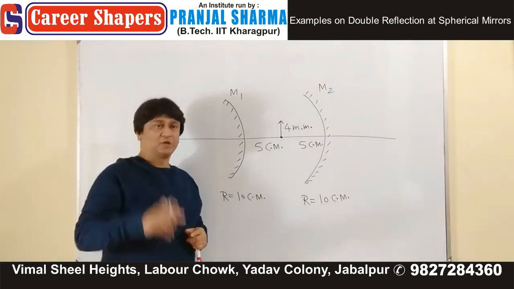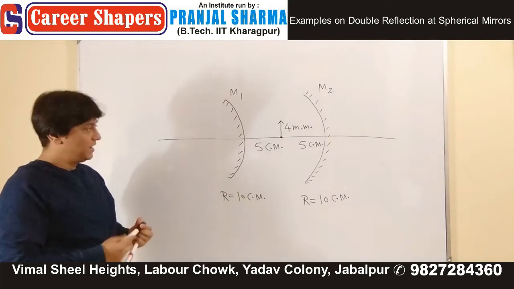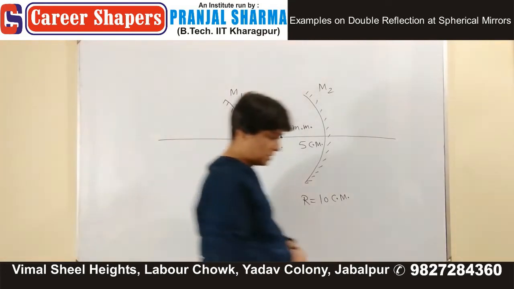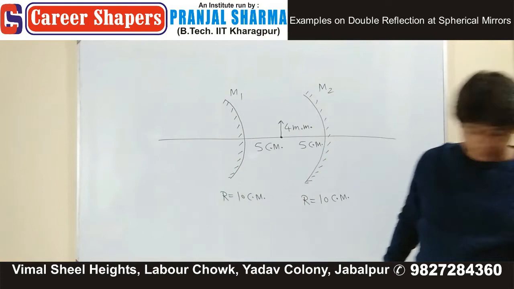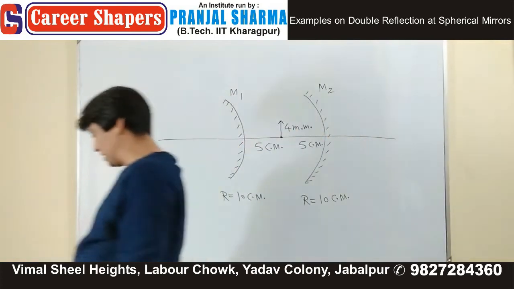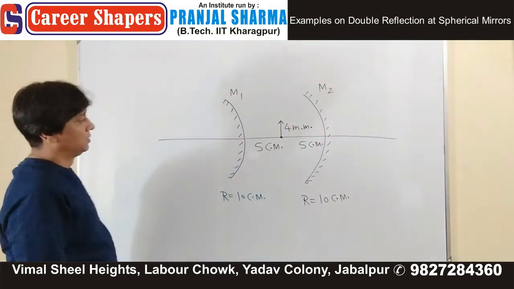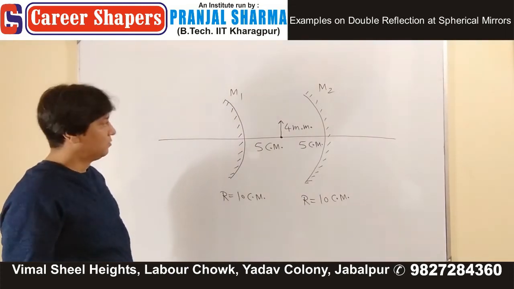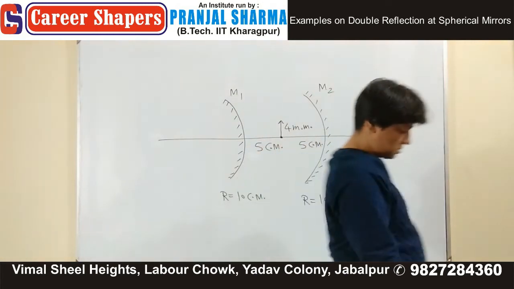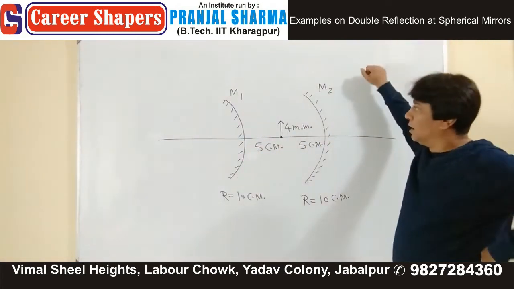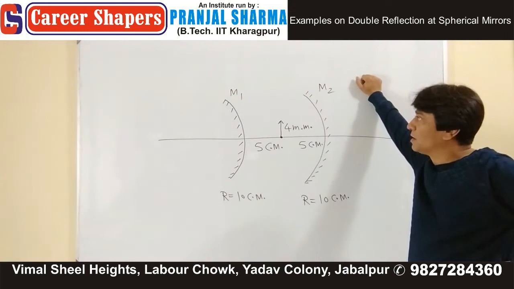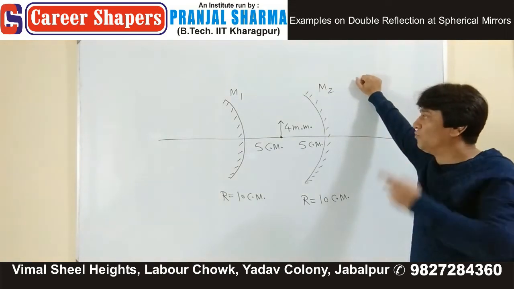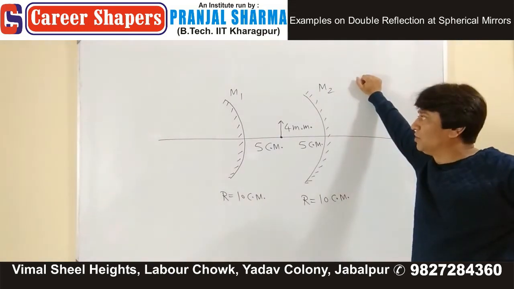First, write down the question. Find out properties of image formed after first reflection from M1 and then second reflection from M2.